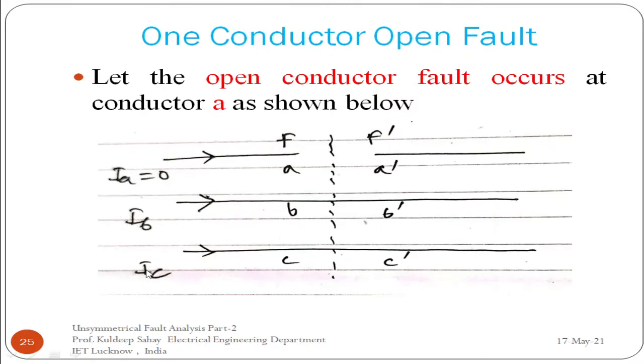So there will be IB and IC, but this one has been disconnected, so IA in this case will be 0, while VB dash will be 0 since this is connected, and VC dash will be 0. So this is the circuit condition for the one conductor open fault.